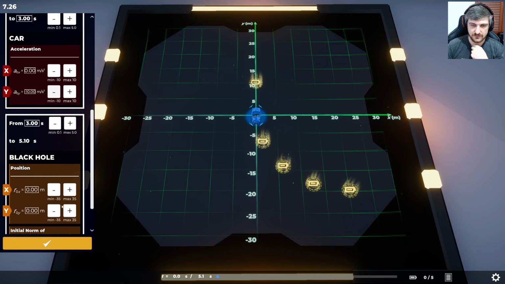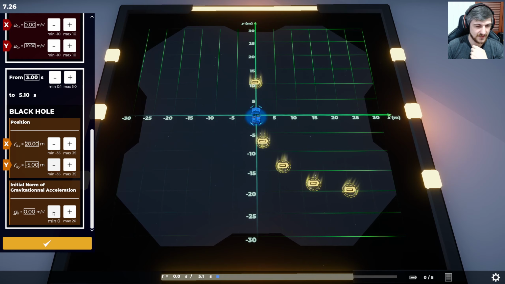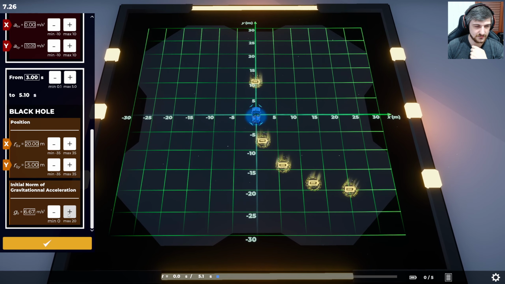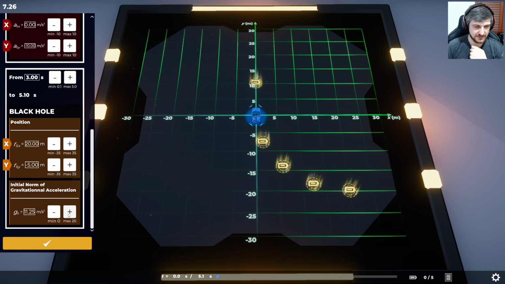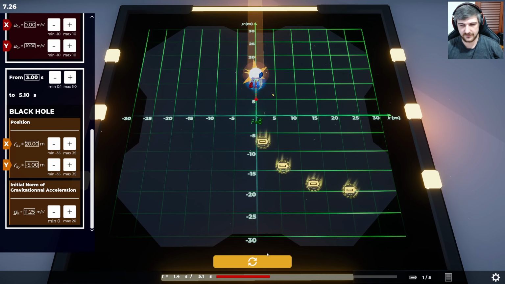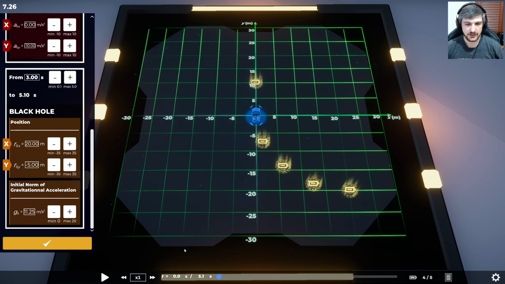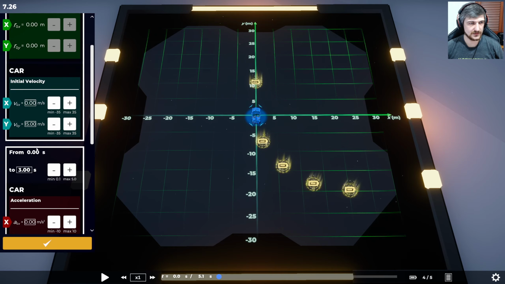Then this is going to appear at 20, negative 5 with a force of 11.25. I'll stop it just before it finishes, just to make sure this is what we did. Yes.